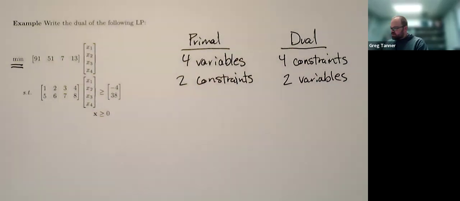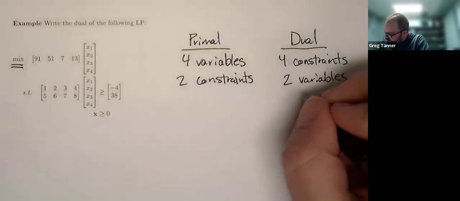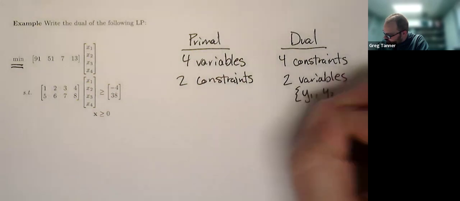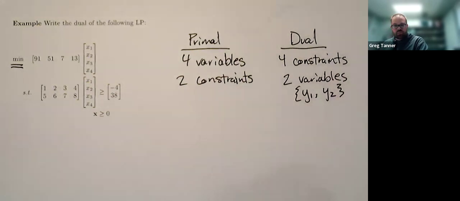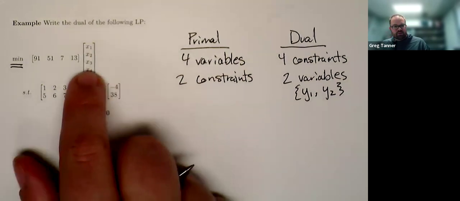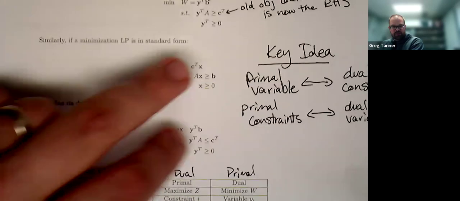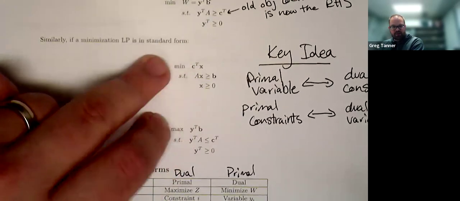Okay, and so those two variables we're going to call y1 and y2. Okay, so let's go about this. This is standard form for a minimization problem. So we'd be looking at sort of this pairing here.